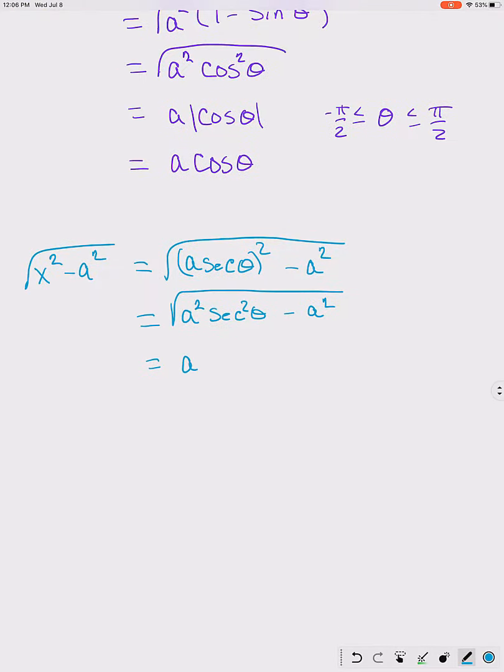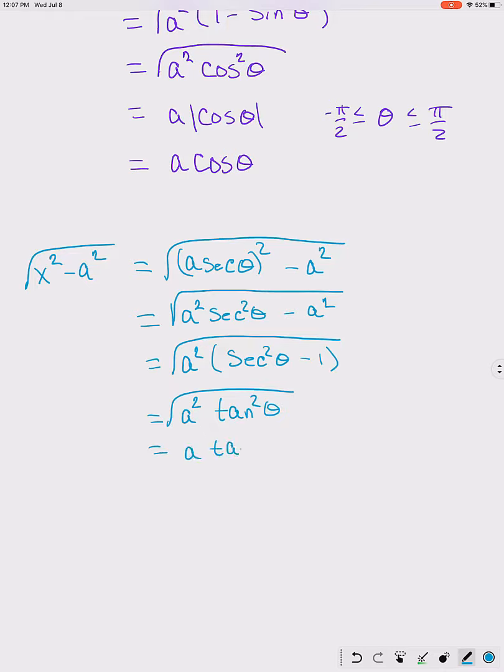And again, I'm going to factor out an a squared, and I'm left with secant squared minus 1 underneath the square root. And using Pythagoras' identity, that becomes a squared times the tangent squared of theta. I end up with a times tangent of theta.